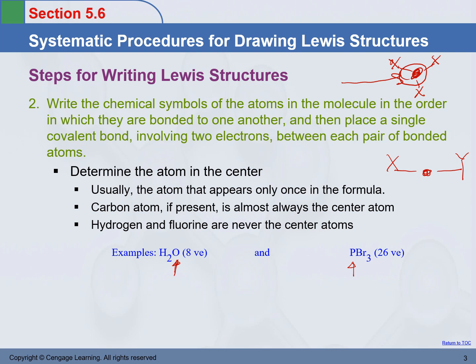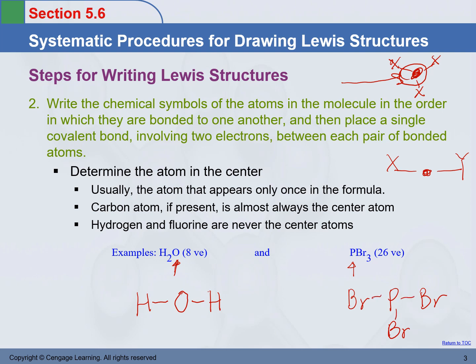Let's follow step number 2 and complete what it is asking us to do. So put oxygen in the center, put the other atoms around it, and link them with a single bond, which is a pair of electrons. Put phosphorus in the center, put the bromines around it, and link them with a single bond.